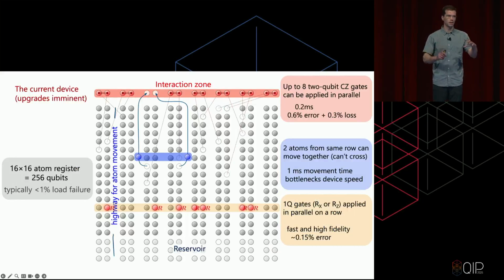So basically, you can move a qubit from its location in the register anywhere in the interaction zone, but then you have to move it back to its original location in the register. And the reason for that is because 1-qubit gates are calibrated for its home location. So you kind of have to move it back to where you started and not just to an arbitrary place in the register.